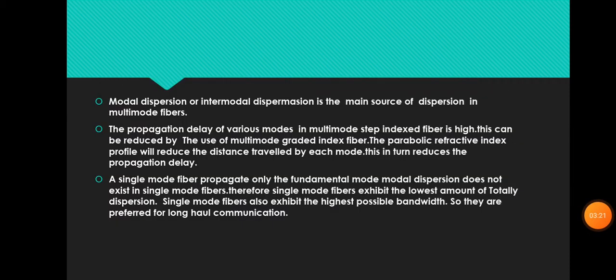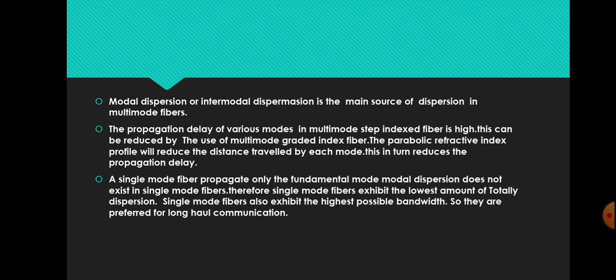So the intermodal dispersion or modal dispersion is the main source of dispersion in multimode fibers, and the propagation delay of various modes in multimode step index fiber is high. This can be reduced by the use of multimode graded index fiber, and you know that in the case of graded index fiber the grading of refractive index inside the core gives a parabolic refractive index profile.